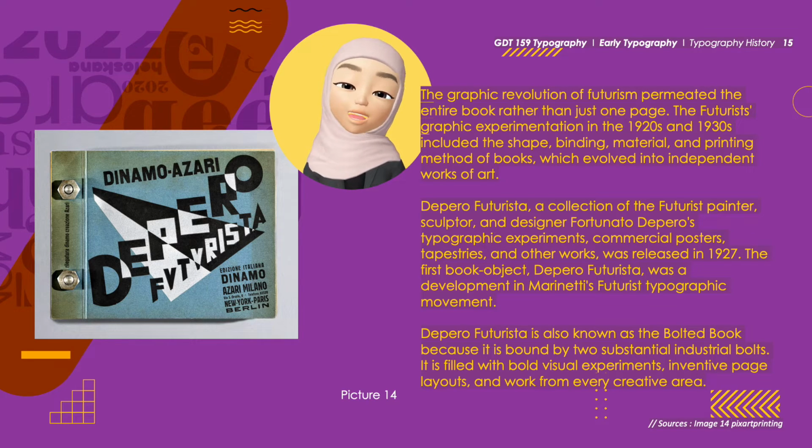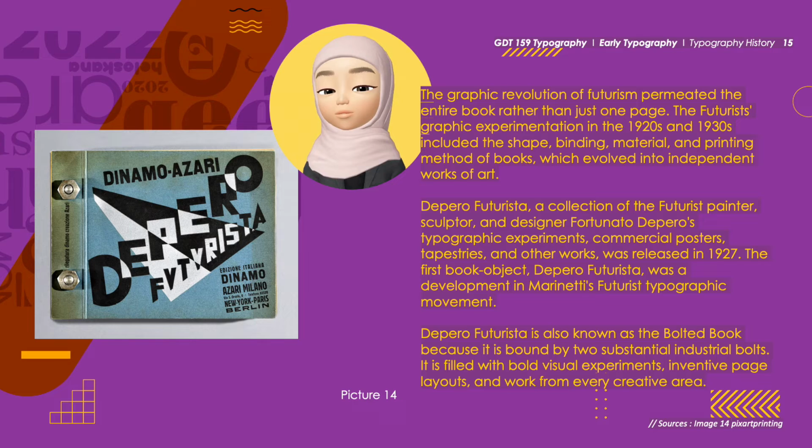The futurist graphic experimentation in the 1920s and 1930s included the shape, binding, material, and printing method of books, which evolved into independent works of art. Depero Futurista, a collection of the futurist painter, sculptor, and designer Fortunato Depero's typography experiments, commercial posters, tapestries, and other works, was released in 1927.